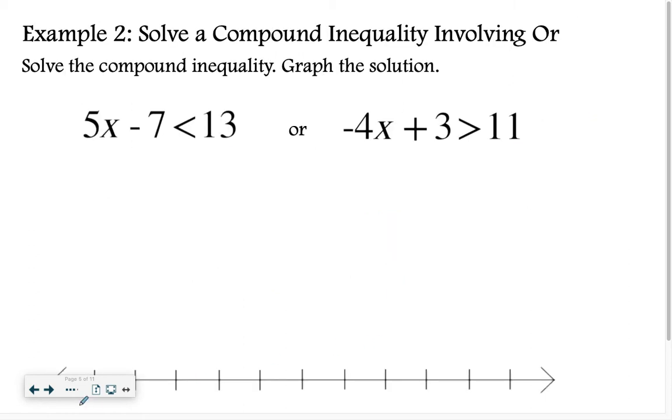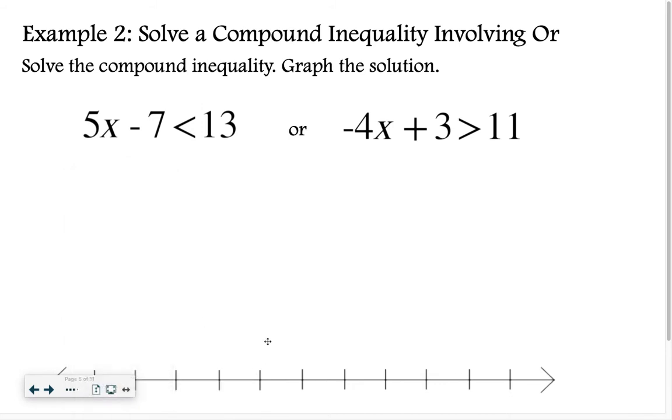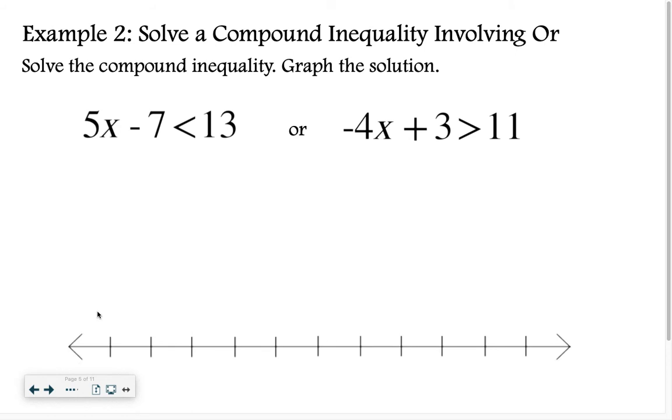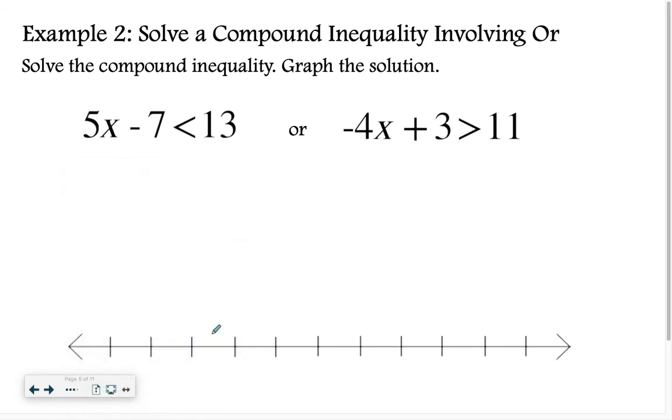Now, let's talk about solving. We have an or inequality here: 5x minus 7 is less than 13, or -4x plus 3 is greater than 11. You might say, I don't know how to start.